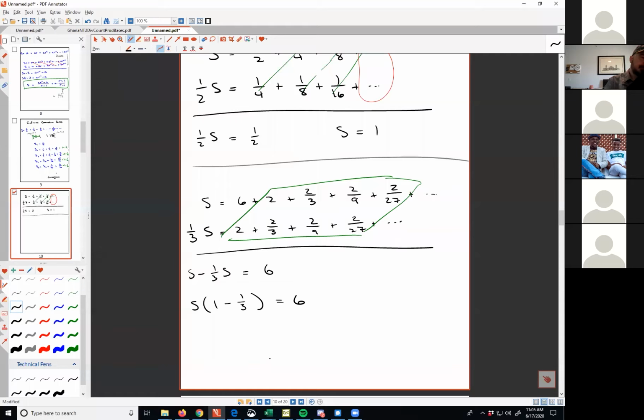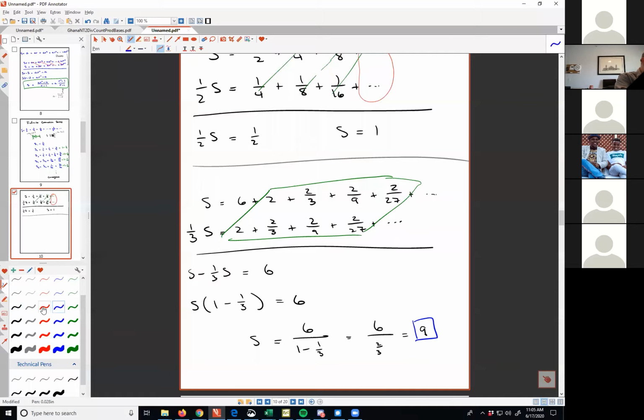Okay, so we could move the 1 minus 1/3. So S would be equal to 6 over that. So wouldn't that be 18/2? Yes, 9. We reduce to 9.